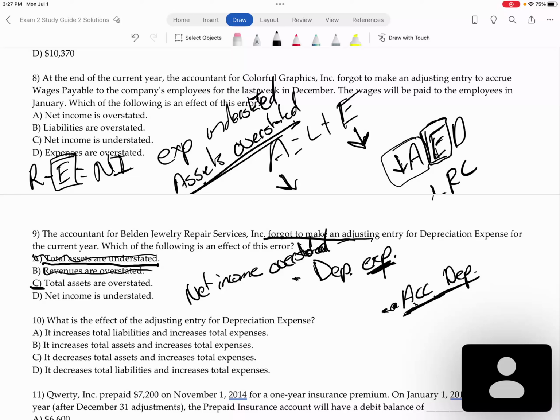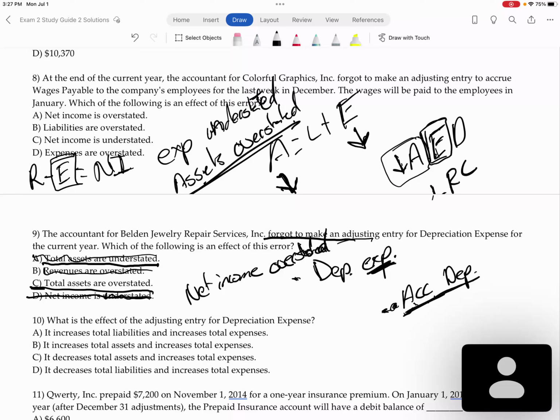Let's look at the next one. Net income is understated. Okay, so it can't be that one. So this has got to be overstated. So it's not that one. So it's definitely total assets are overstated, right? Because we didn't reduce down our asset account with this adjusting entry. See, these can be a little bit challenging, okay? So if we forgot to do an adjusting entry for depreciation expense, our expenses would be understated, right?